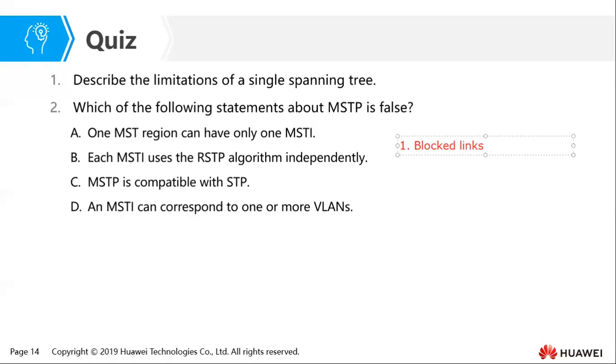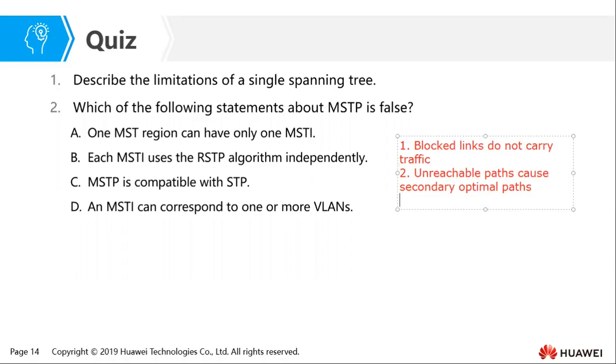Exactly, because some of the paths become unreachable. Blocked links do not carry traffic. Another one, it's unable to load balance. Unreachable paths cause what we call suboptimal layer 2 paths. And the blocked links do not carry traffic.